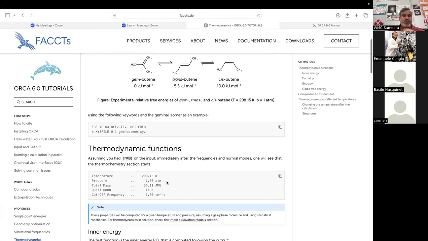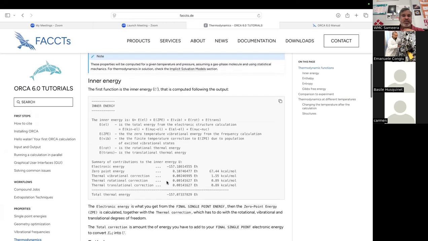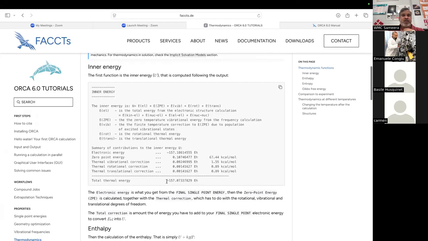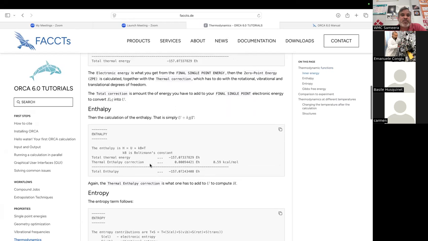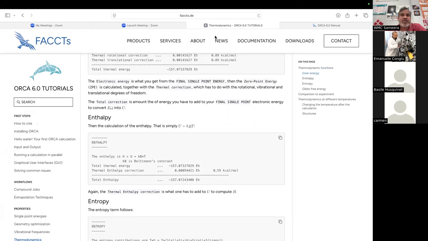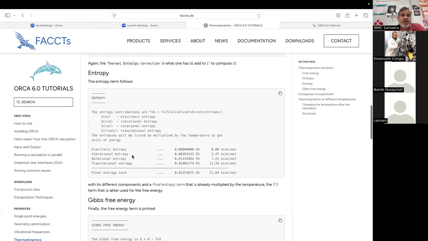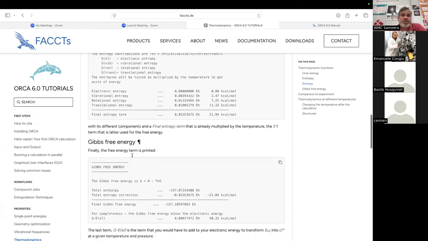I briefly mentioned the thermodynamic properties. When you run the frequency calculation after optimization, you can get different thermodynamic properties, like entropy, and you can get the Gibbs free energy.